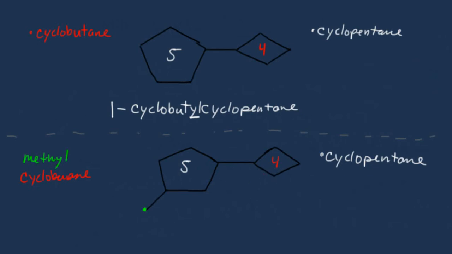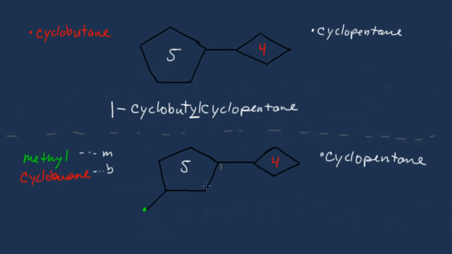substituted groups. So let's consider that our 2 substituted groups start with an M and then start with a B. Well, like in some of the other problems, we're going to go ahead and give priority to the group that comes first alphabetically. And so that's going to make this carbon our 1 carbon.